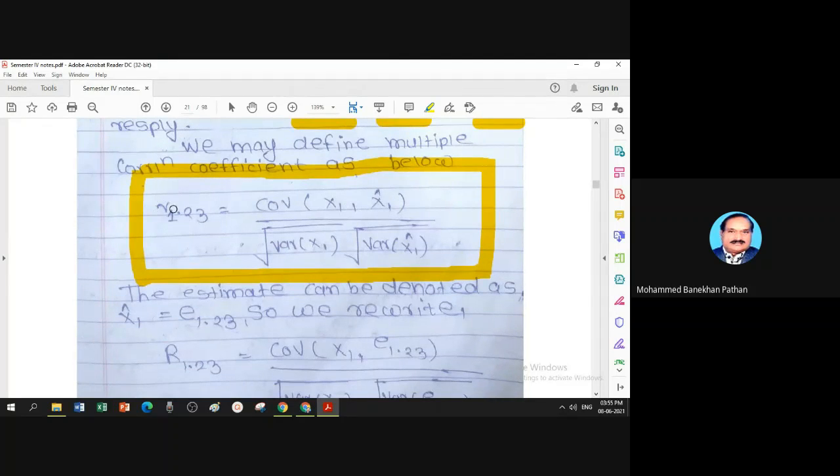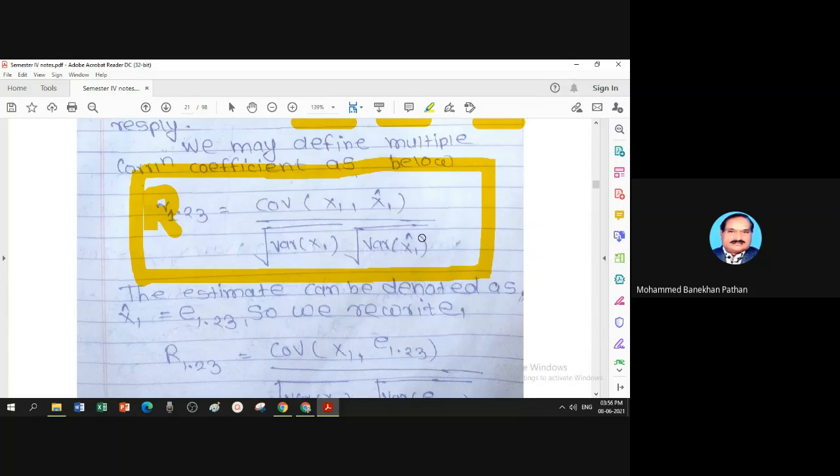This is wrongly written as small r. It should be capital R because multiple correlation is denoted by capital R. So R1.23 equals covariance of x1 comma x1 cap divided by the root of the variance, that means sigma of x1 and sigma of x1 cap.